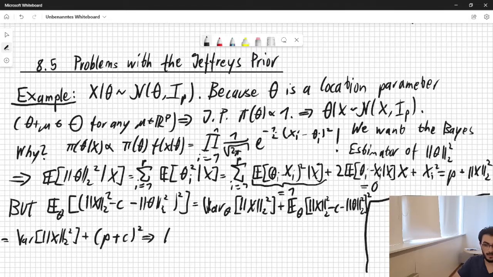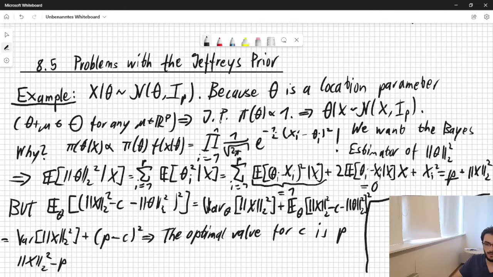So the optimal value for c, if we subtract some constant, actually I'm sorry, it was a minus. We subtracted some constant minus p, but really we should have p. So we should have the length of x squared minus p, which is always, no matter what belief we have in theta, better than our base estimator if we have this Jeffrey prior.